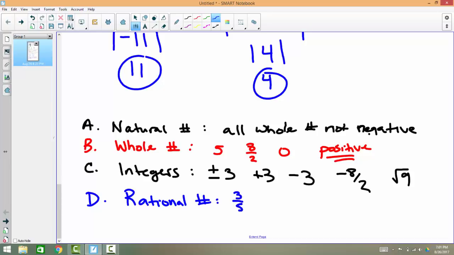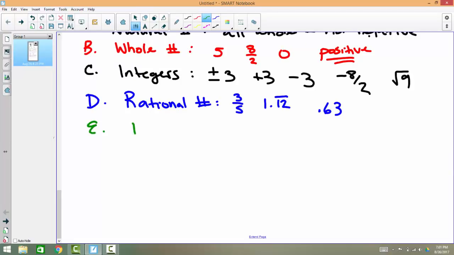So 3/6, 1.12 repeating, 0.63 terminating decimals that stop. It's all the whole numbers, the positive, the negative, 0. Basically, most every number is rational unless it's irrational.